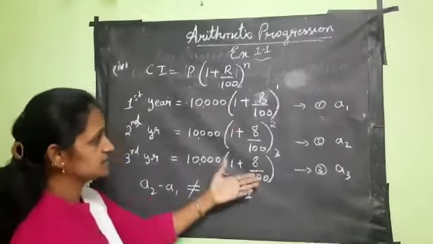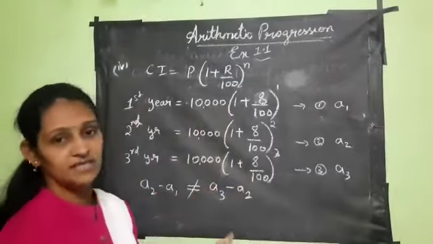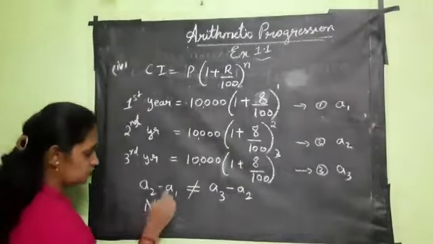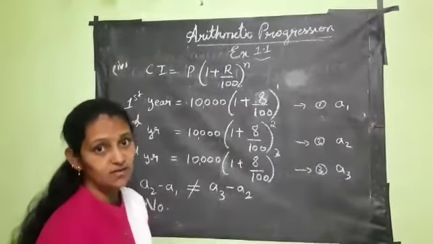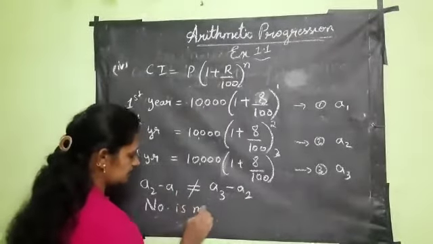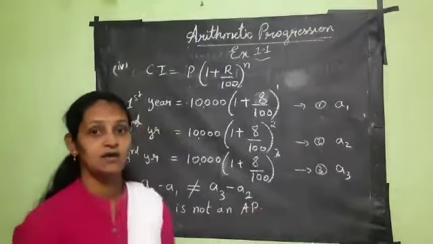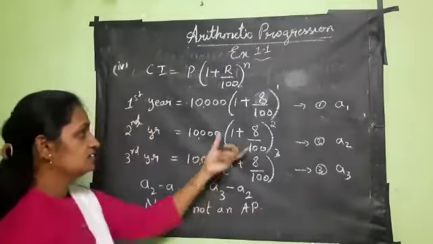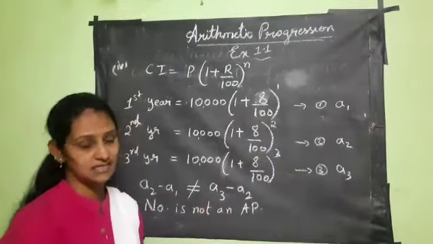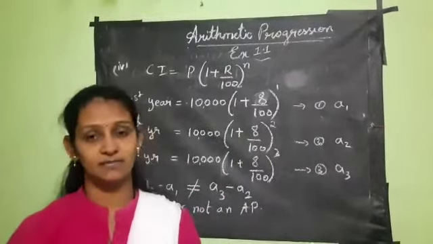Since they are not equal, therefore we say that no, the given sequence is not an arithmetic progression, since the difference between the consecutive terms is not constant.